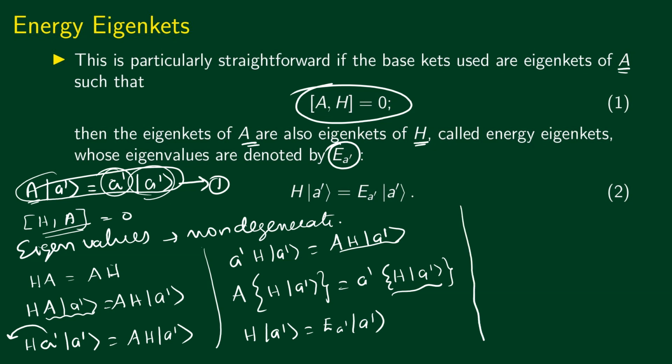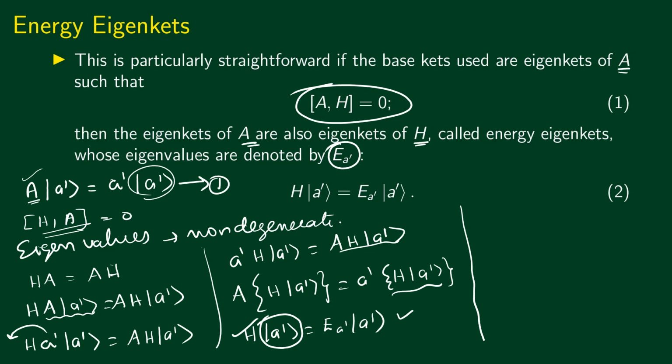This multiplicative factor we call E A prime, and indeed this is the eigenvalue equation for the Hamiltonian operator. So we see that if A and H commute and A satisfies this eigenvalue equation, then H satisfies an eigenvalue equation of this form. In other words, ket A prime is a common eigenket for operator H and for operator A.